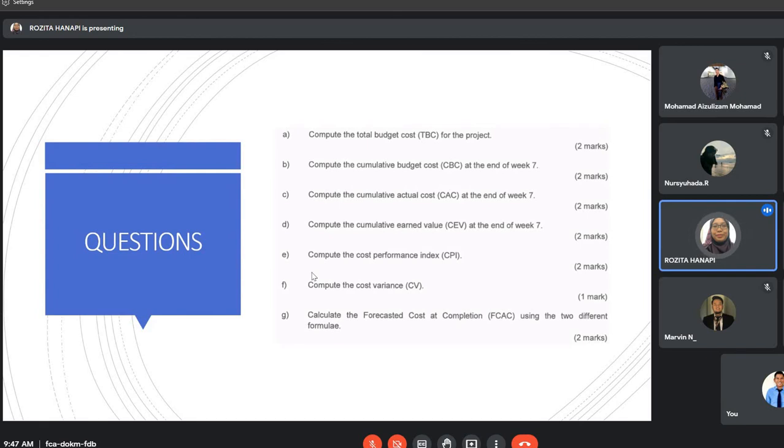And then G, calculate the forecasted cost at completion using the two different formulae. Okay, the first formula just now, you learned FCAC, that is TBC divided by CPI. So TBC based on the project that you calculated just now is 905,000. And then the CPI is 0.90.